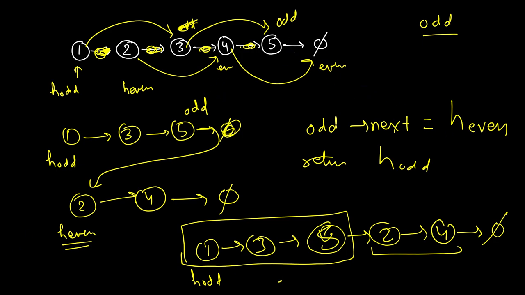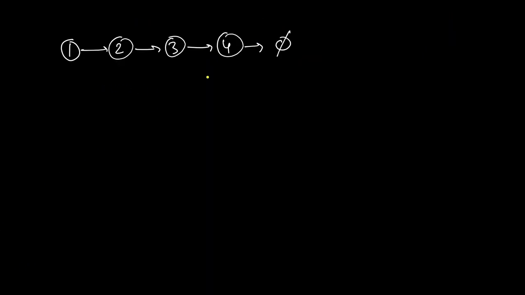So next look at the even case. These are the only two possibilities. Either it will have an odd number of nodes or an even number of nodes. So h odd is here, h even is here, odd is here, even is here.